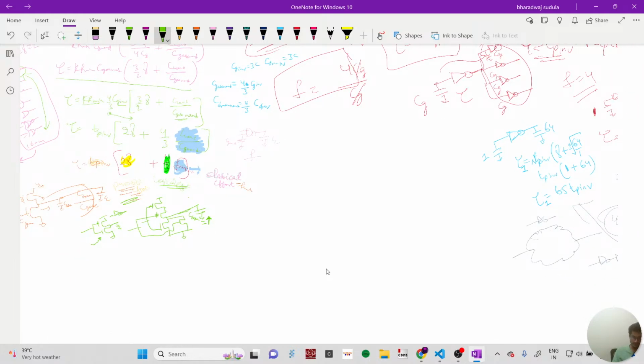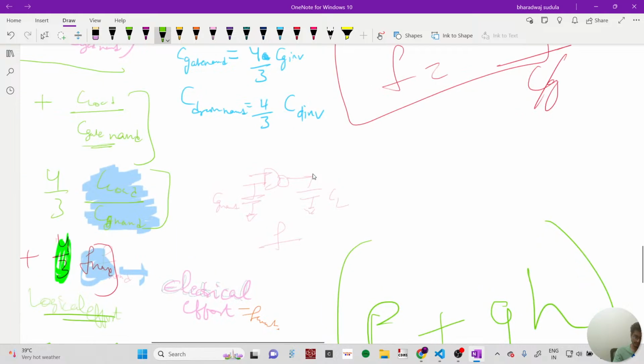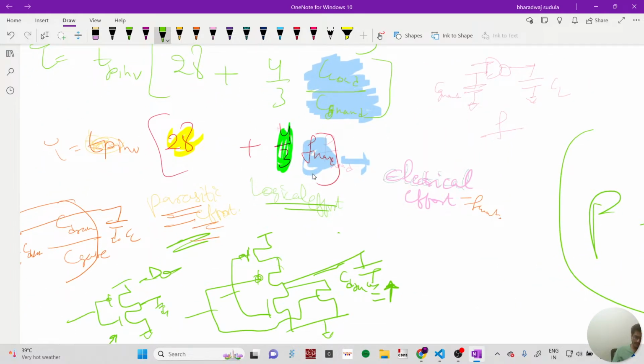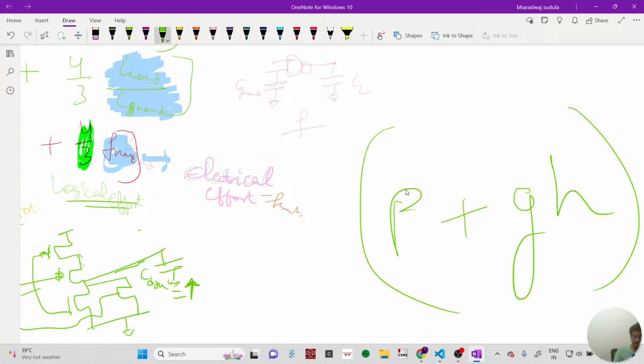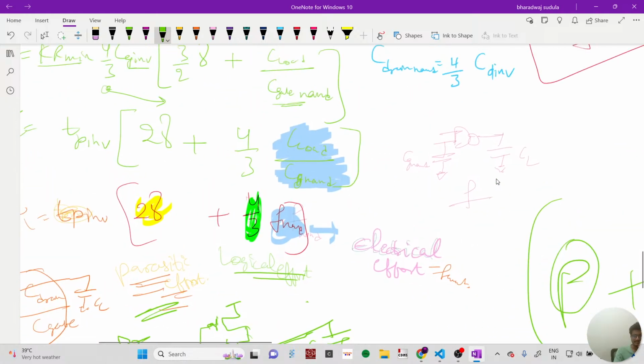So I told you about parasitic effort, logical effort, electrical effort. These parasitic and logical efforts are just numbers, constants.